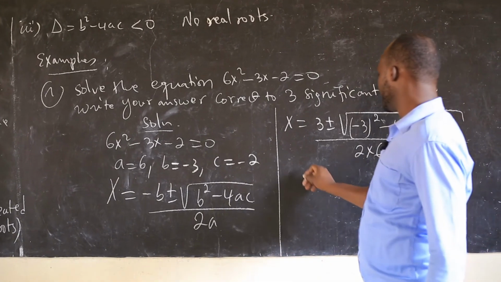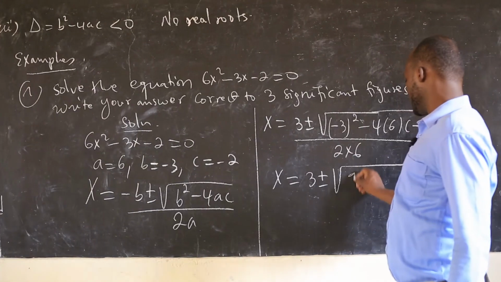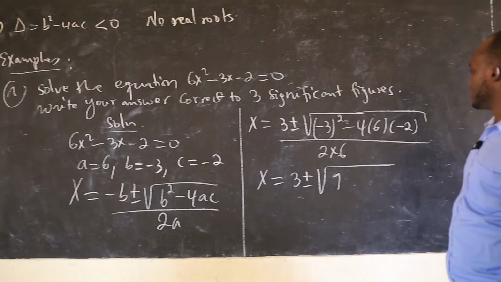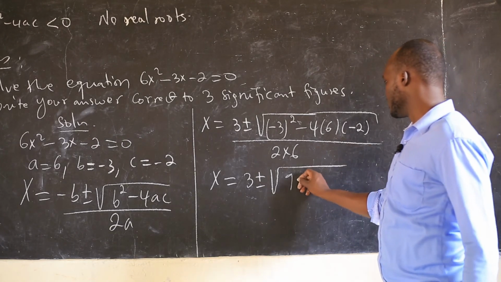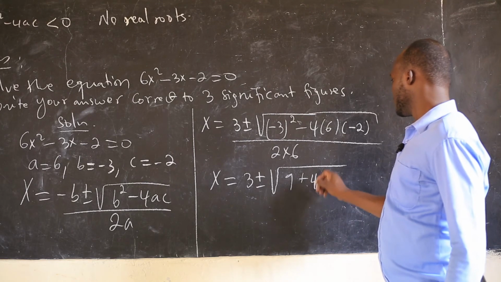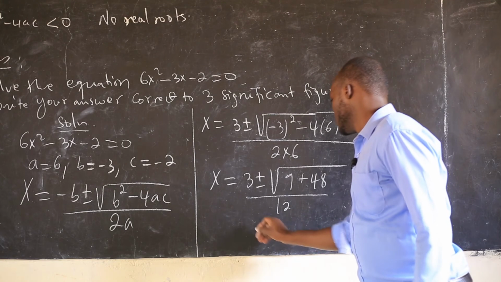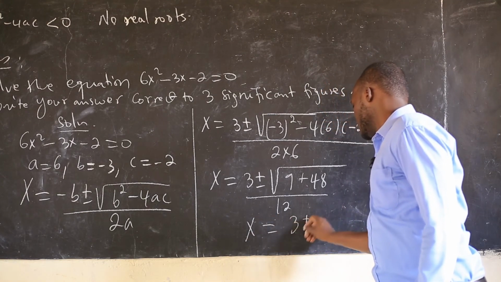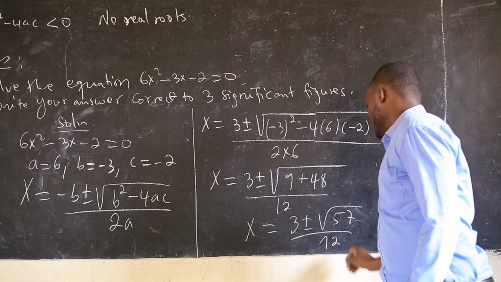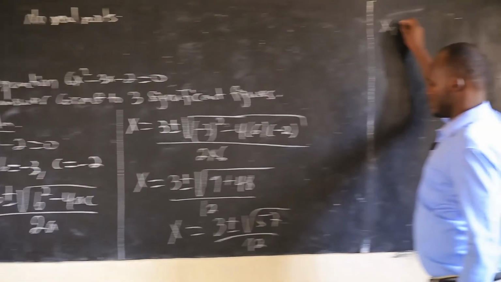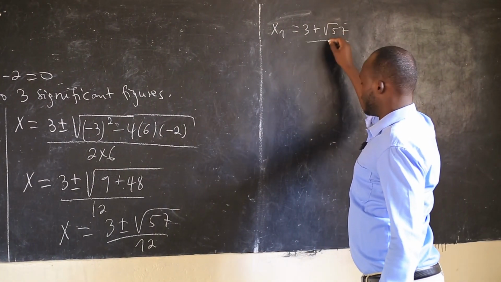So we get x equal to 3 plus or minus the square root of 9 plus 48, divided by 12. So x is 3 plus or minus root 57 divided by 12. So x1 will be 3 plus root 57 divided by 12.